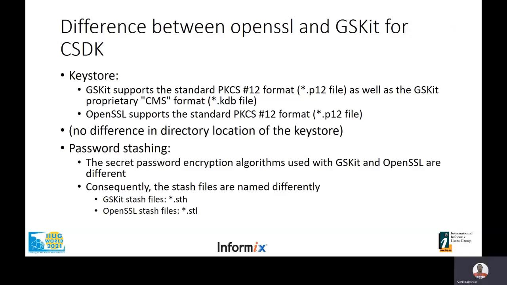Password stashing: the secret password encryption algorithms used with GSKit and OpenSSL are different, and the names of the stash files or the password files are also different. In case of GSKit, it's .sth. In case of OpenSSL, it's .str.